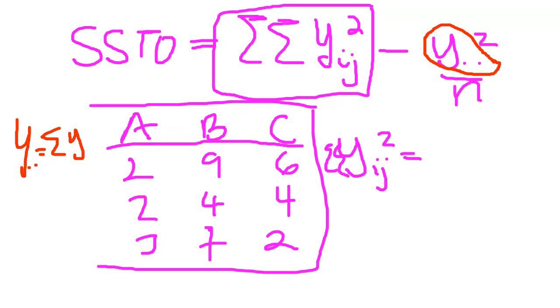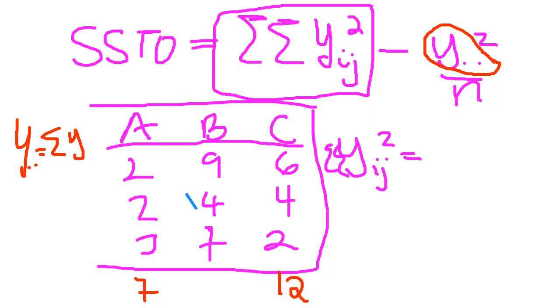Let's add the values. Here I'm seeing 219. How is that possible, my sister? This can't be 219. If we have 2, 2, 3, 9, 4, 7, 6, 4, 2, how do we get 39, right? It's for the y.